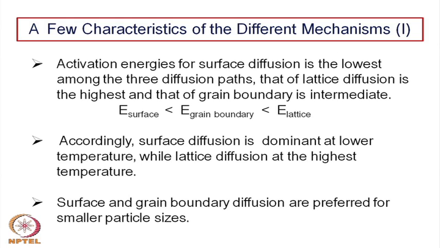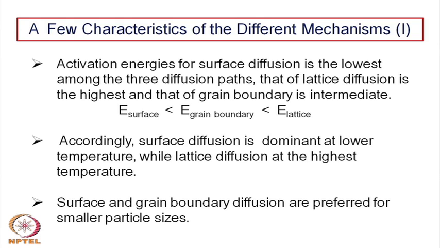While we are talking about the diffusion mechanisms, we should also remember that all diffusion processes are thermally activated processes, and they have thermal activation energies. The activation energies for the three different mechanisms, surface diffusion, grain boundary diffusion and lattice diffusion, are slightly different.